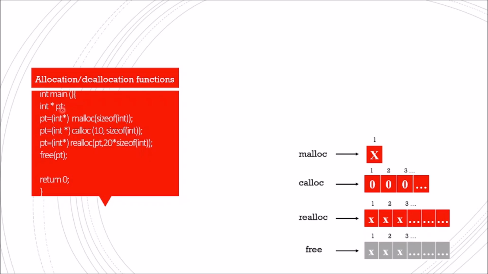So the pointer must be of the same type of the data type allocated. So for instance, we were allocating integers in that example of 10 ages, okay? So for that example, I will use a pointer to integer. Just like in here, I name it pt. But we could be using pointers to doubles or pointers to structures, depending on what's the data type that we are going to store dynamically.